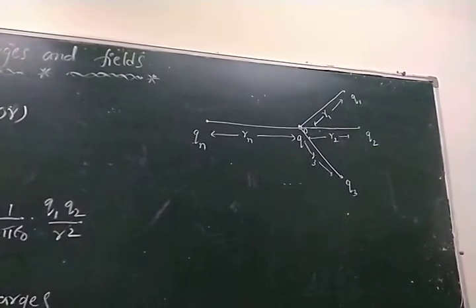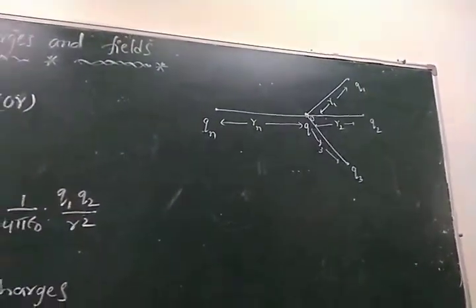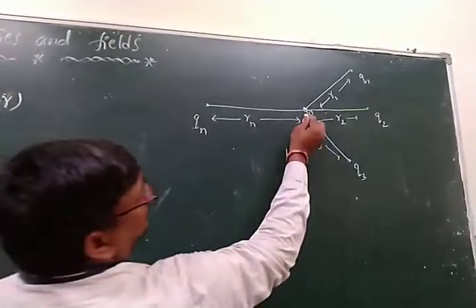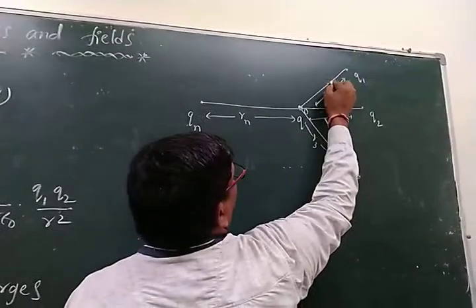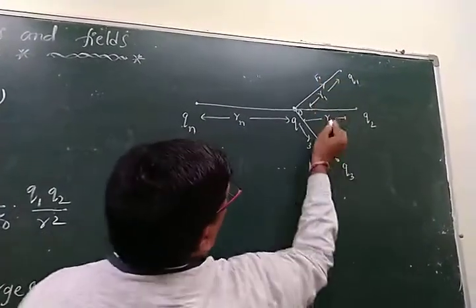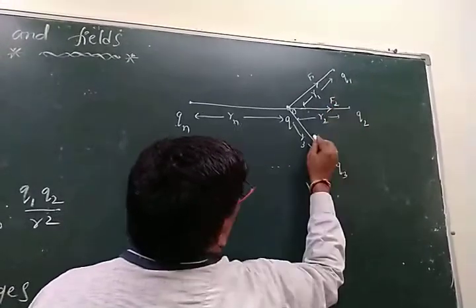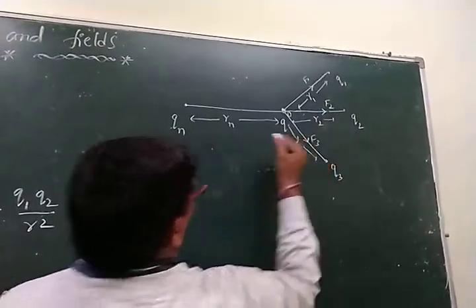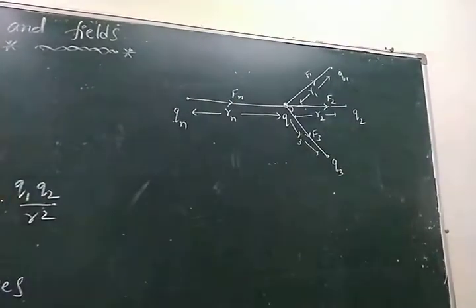Therefore, according to Coulomb's law, the force between any two charges: the force between Q and Q1 is F1, Q and Q2 is F2, and F3 and so on up to Fn.